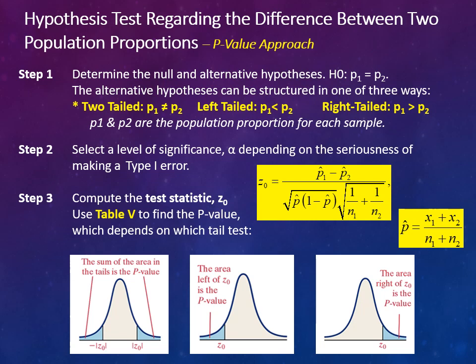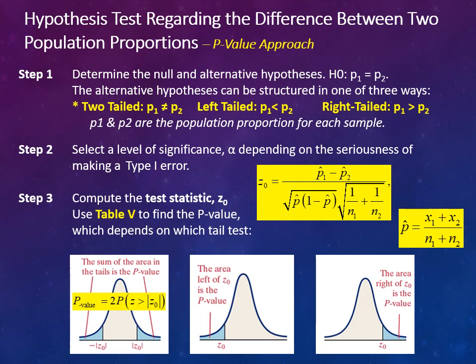In the two-tailed test, the p-value is the sum of the area in both tails. So what we do is calculate the area from the table that's above z naught, our test statistic, and then multiply that by 2, because we're assuming a normal shape, which would be symmetric, so that the area on both tails would be the same.